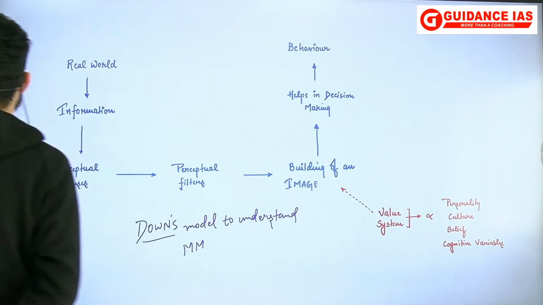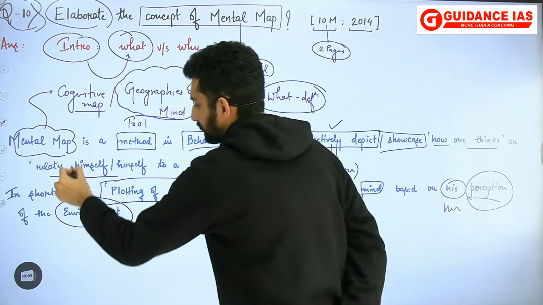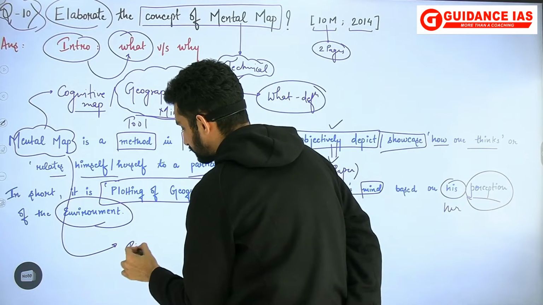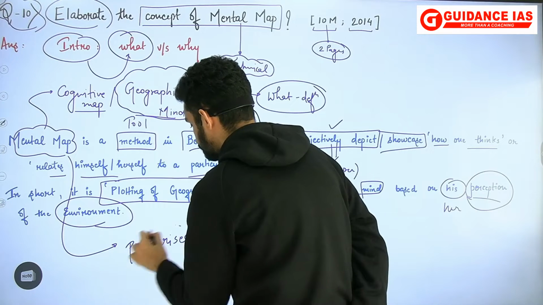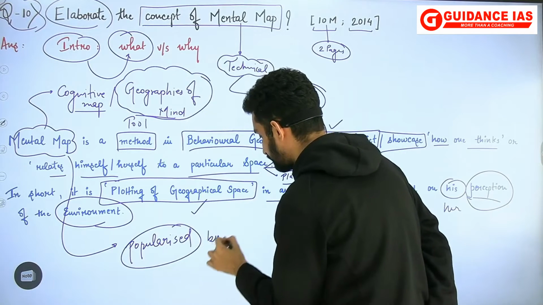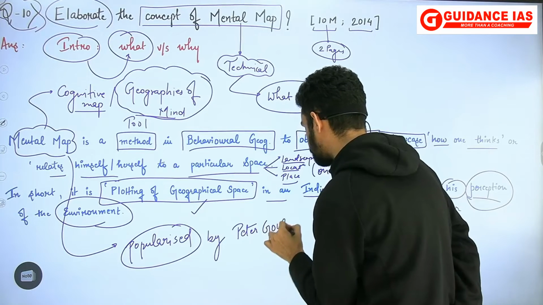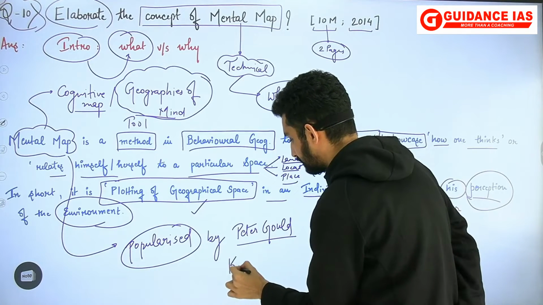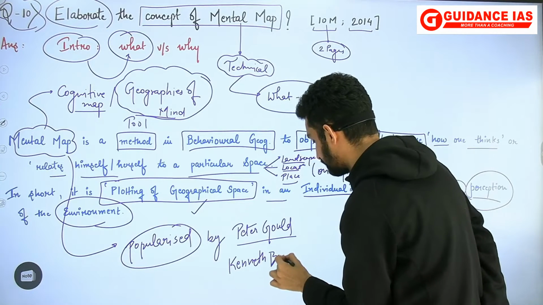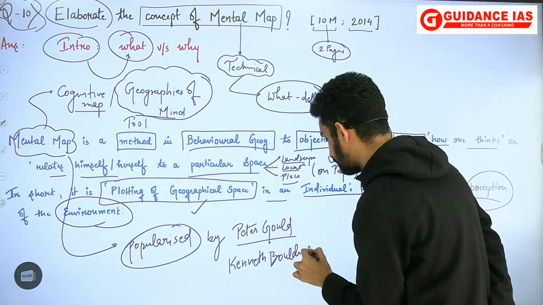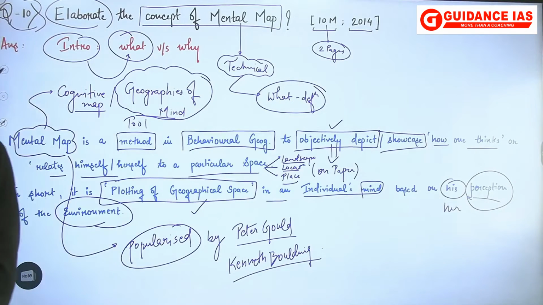So again, with the introduction you can also write if you want that the topic was popularized by Peter Gould and Kenneth Boulding. So you can write this in the introduction itself with the definition if you want.